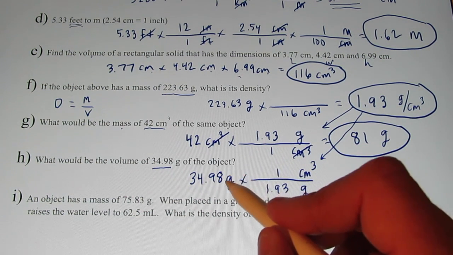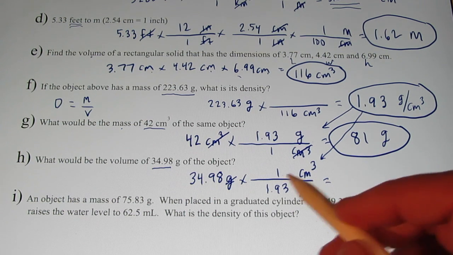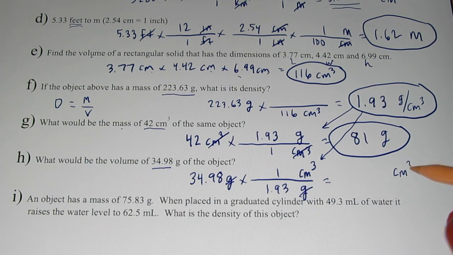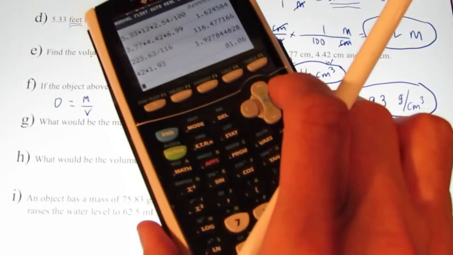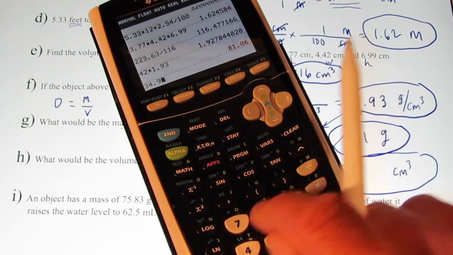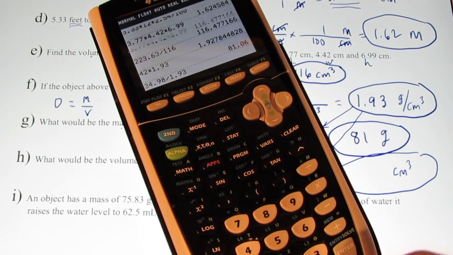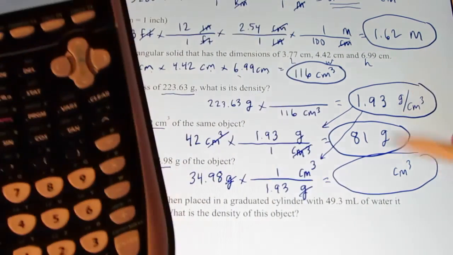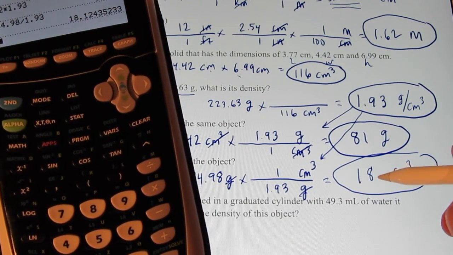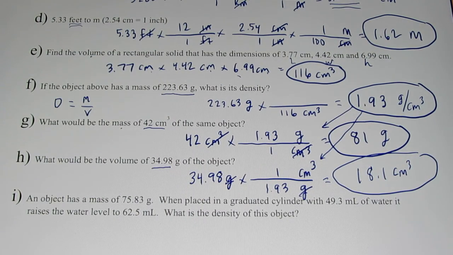So this time, grams divide out, and we'll end up with cubic centimeters. So let's see, 34.98 divided by 1.93 gives me 18.124. Looks like we're allowed 3 significant figures, so we're going to go 18.1 cubic centimeters.